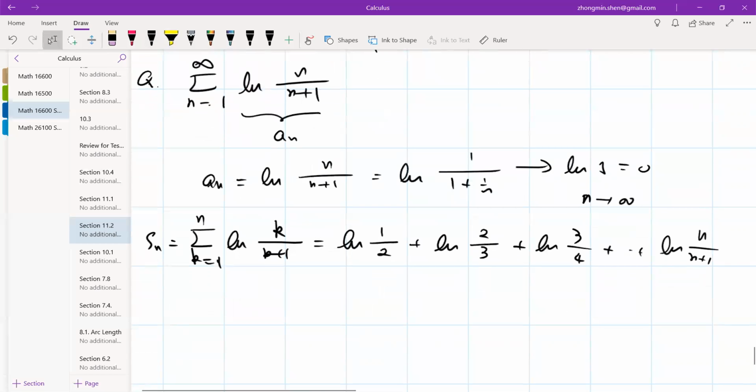Can you see whether this is convergent or divergent? It's a sum of natural logs. So of course this is going to be the product of those terms.